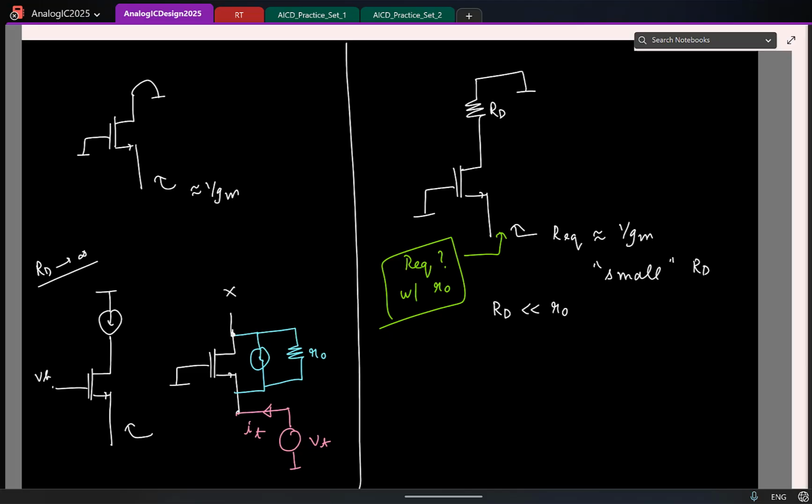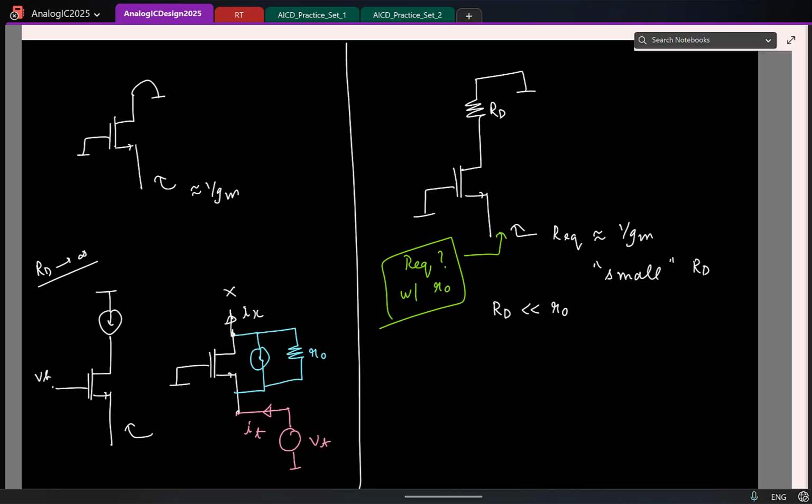Will you be able to tell me by inspection? gm vt. Why? What can you say about the current flowing here? If I call it IX and the test current IT, IX and IT will be the same. What is IX? Open circuit, no current flows. IX is 0. So what happens to IT? Clear?